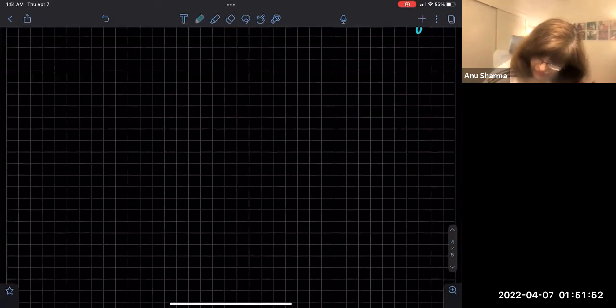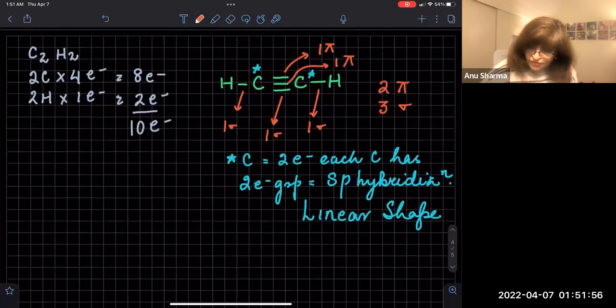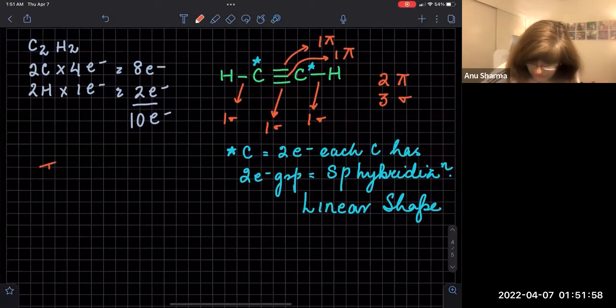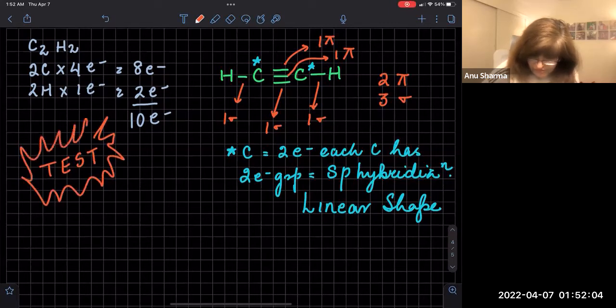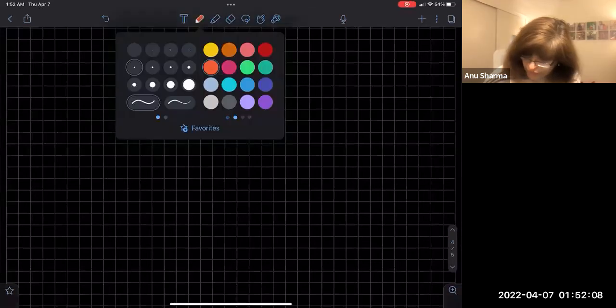All right, so I'm just letting you know up front that this type of overlapping, generally if we are looking at a test question, something similar, not exactly the same question.